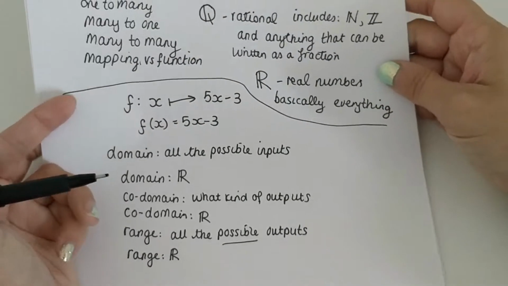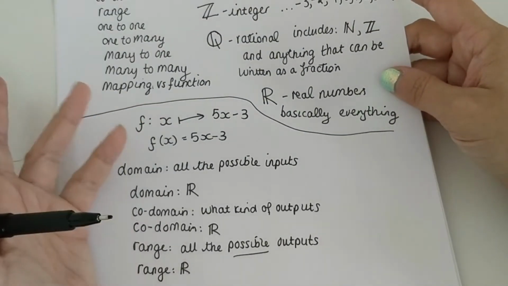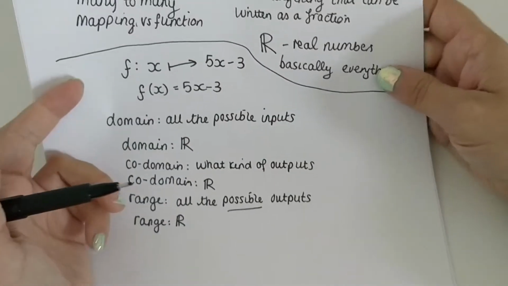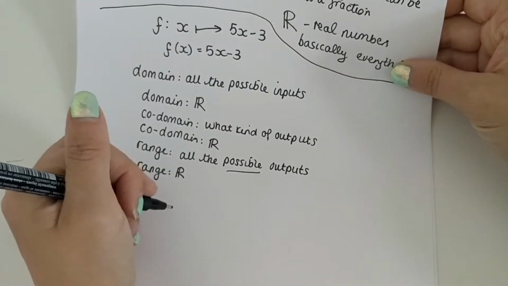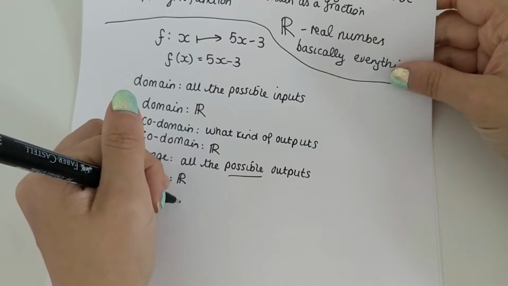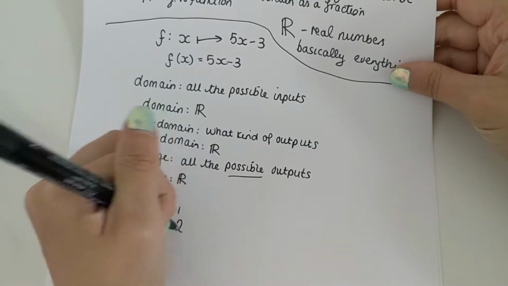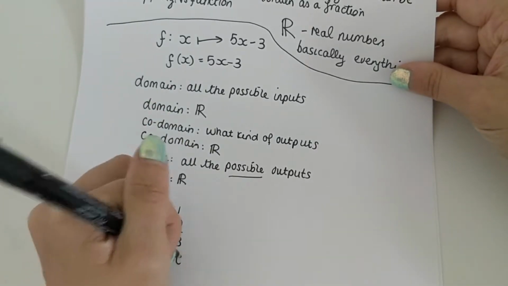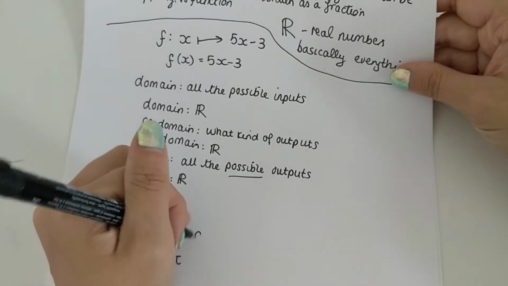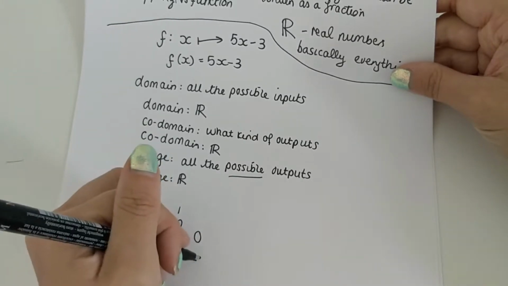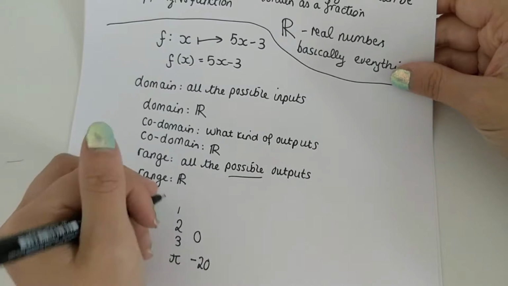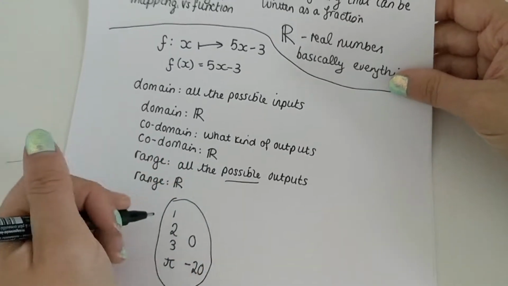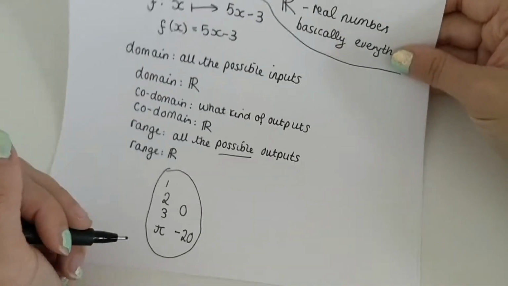Okay, is this function one-to-one, one-to-many, many-to-one, or many-to-many? Well, if I list some numbers here, so 1, 2, 3, let's put pi in there as well, let's put 0, and let's put minus 20. This is just a very restricted domain.